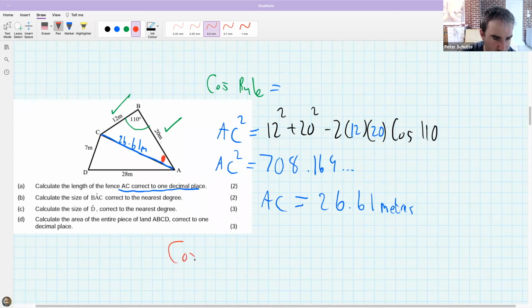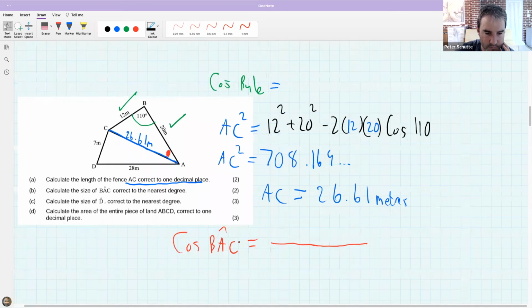So we'll start by writing the cos of BAC is equal to something. And I want to see if you can write that out, and then we'll get our answer straight after that.